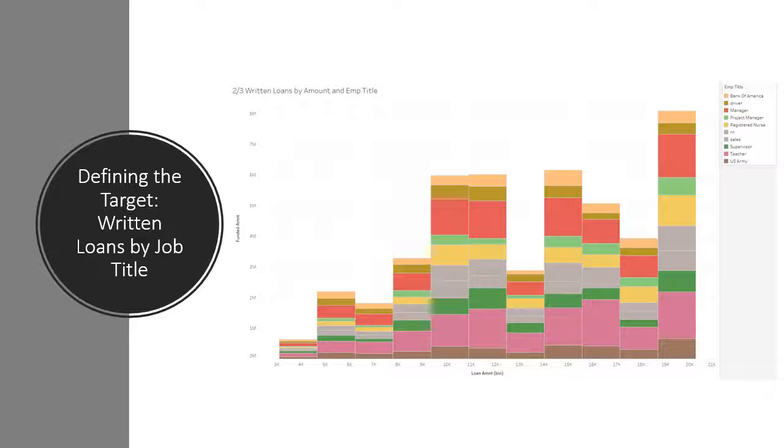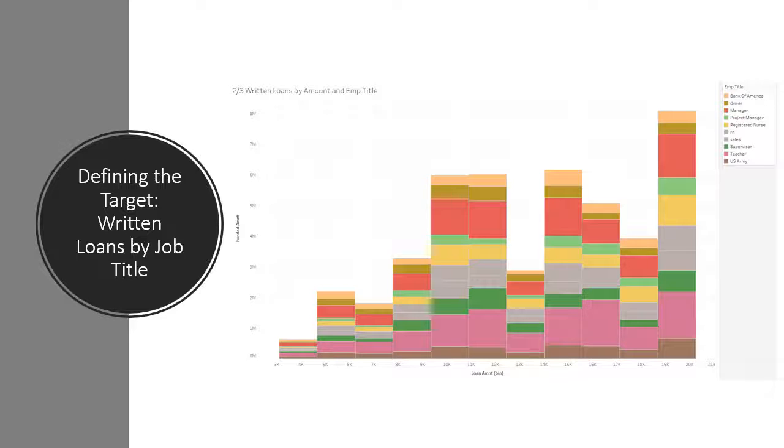Again, continuing with the same process, we excluded any data for any loan less than $4,000 or more than $21,000. Again, we can see that there are a variety of colors on this graph, creating a stacked bar effect. This graph is based on the job title.